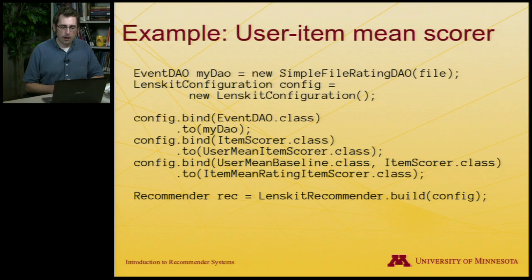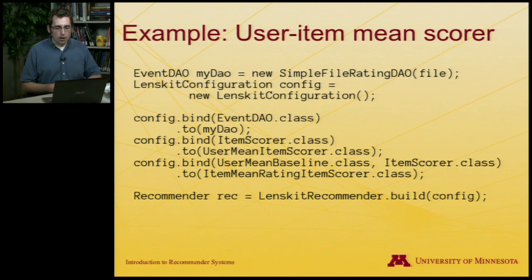So the configuration that generated this takes the form of what are called bindings. And a binding says what implementation to use for a particular class. So the first binding we see here says that we should use myDAO, an instance of event DAO, as the implementation of the event DAO class.